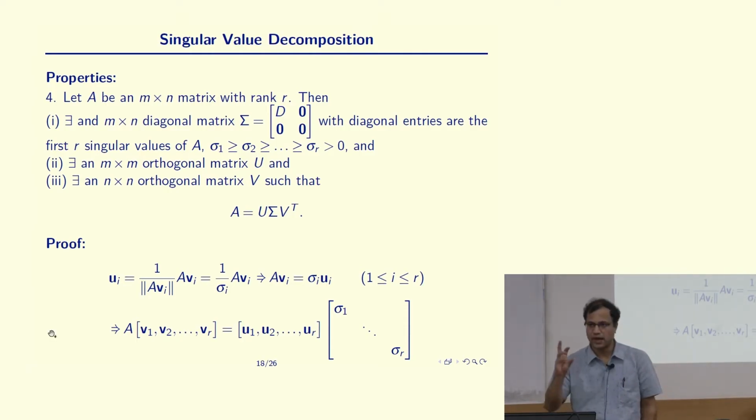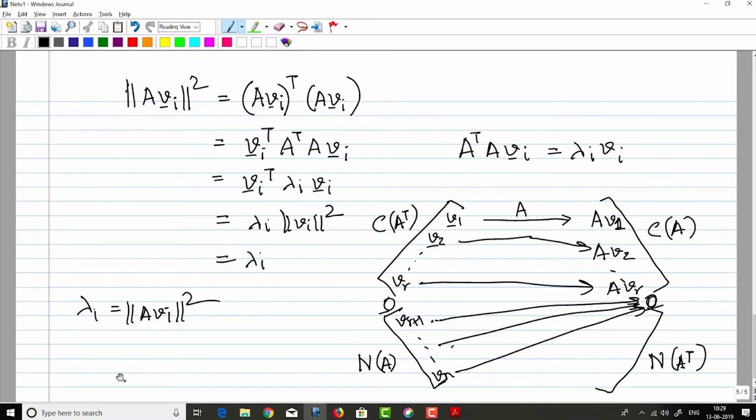So we consider ui, which are the AVi, and we just make this unit length, because we need an orthonormal set of vectors. So instead of this, we also divide by the norm of AV1, norm of AV2, norm of AVr.